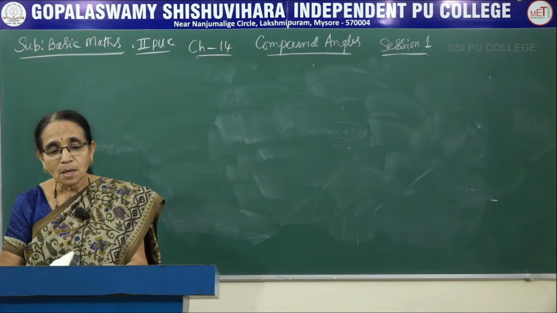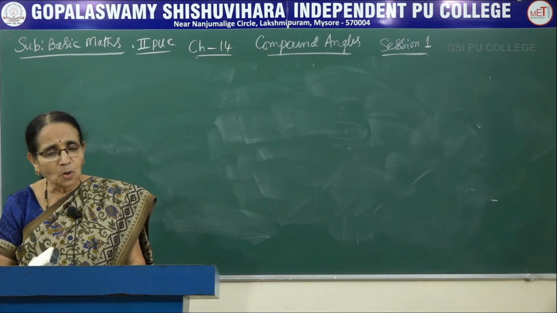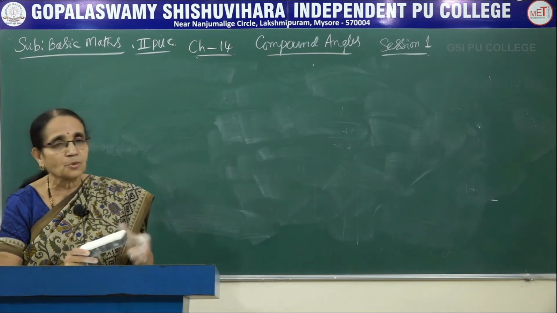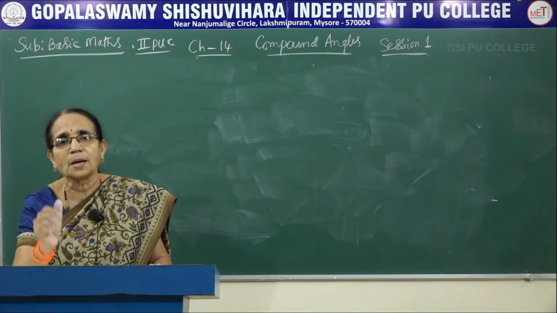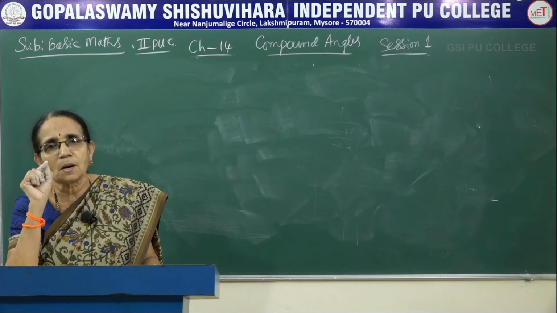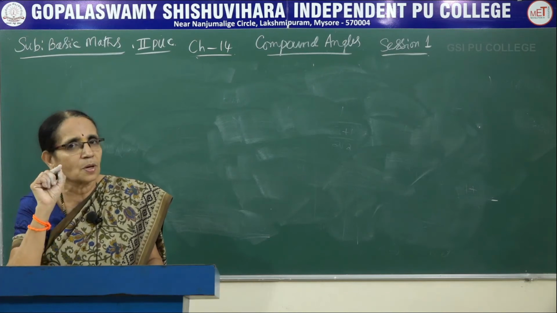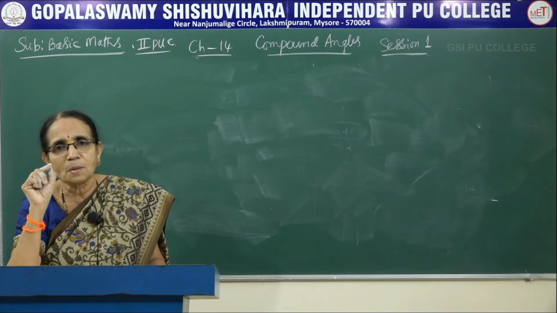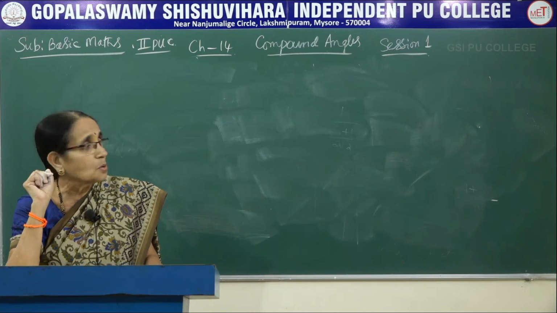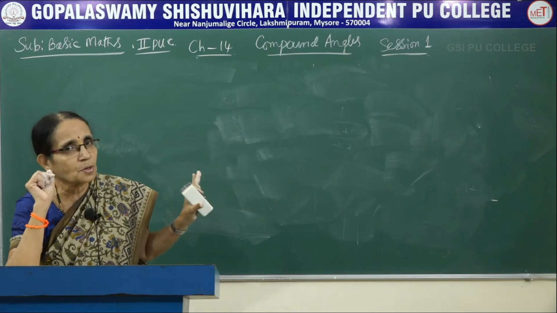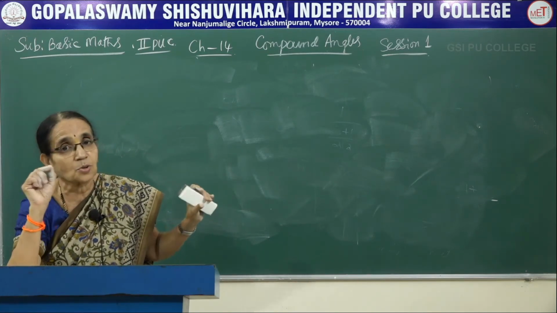Now, one more result. In the sets of formulas I gave you, one was sin A plus B, cos A plus B, tan A plus B. The second one was sin A minus B, cos A minus B, tan A minus B. Now, the proof is not there directly, you can learn them by heart and use them.